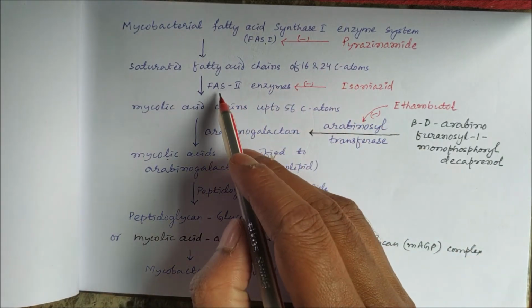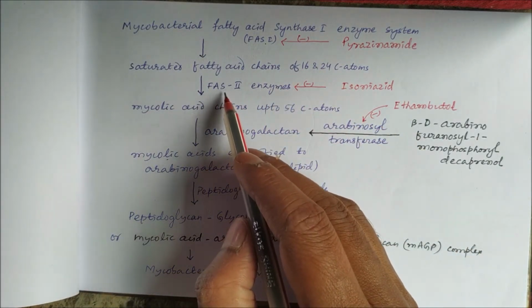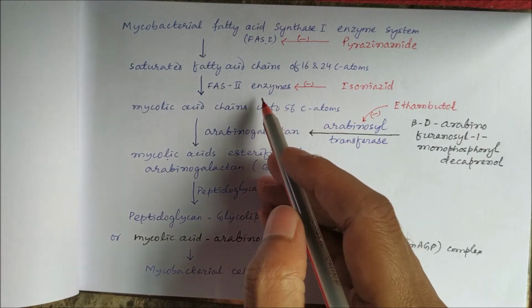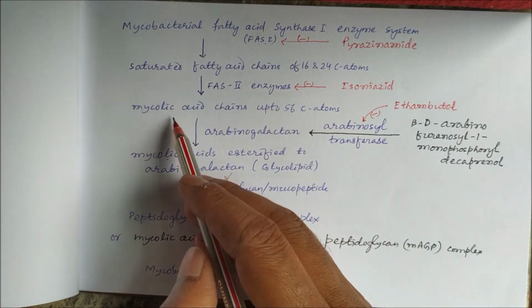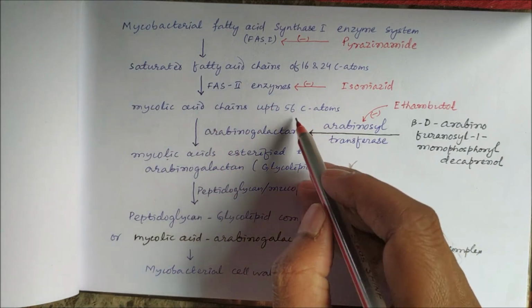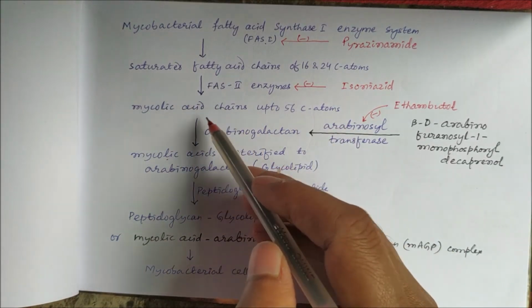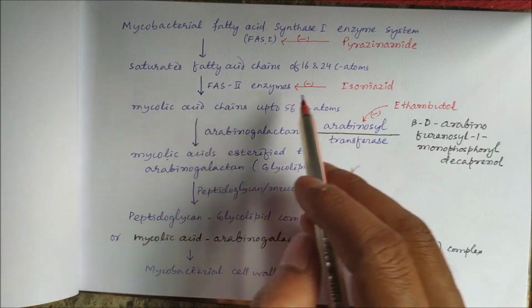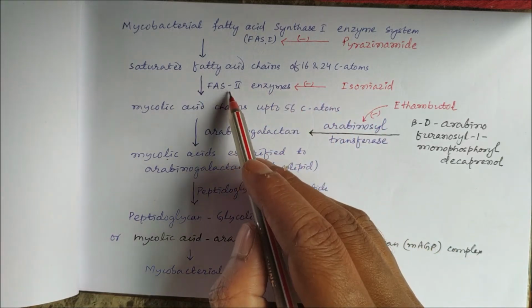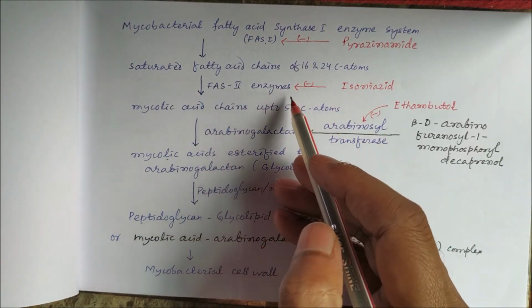Then in the presence of the fatty acid synthase 2 enzyme system, there will be production of mycolic acid chains up to 56 carbon atoms. In this way mycolic acid is synthesized, and isoniazid inhibits these FAS2 enzymes.